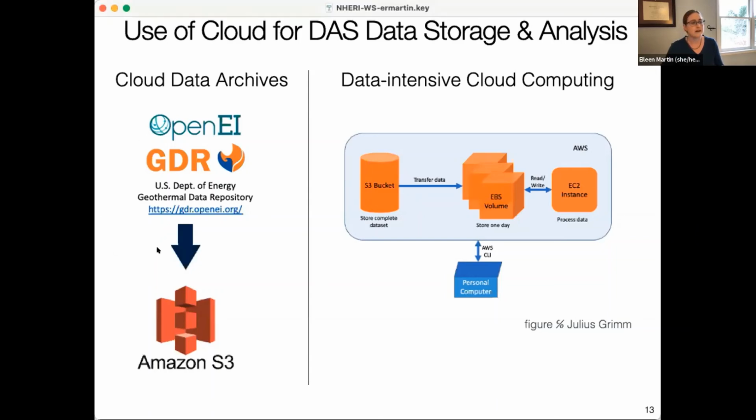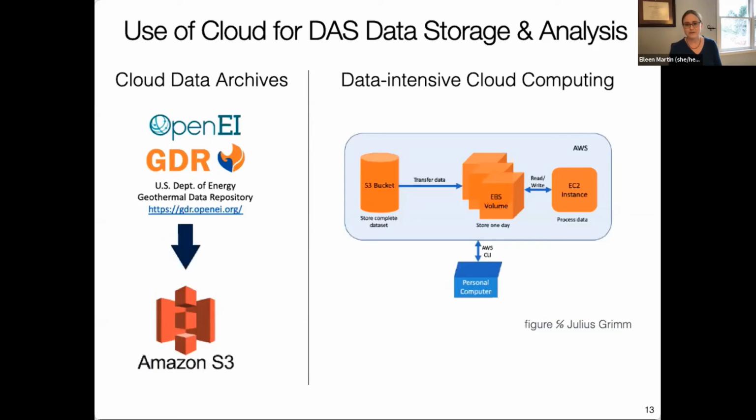The DOE's geothermal data repository has a lot of public DAS data up already on Amazon's S3 cloud services. And so we also bought space on Amazon's S3 services for having our data stored as an archive that we could all commonly access on servers in Central Europe.